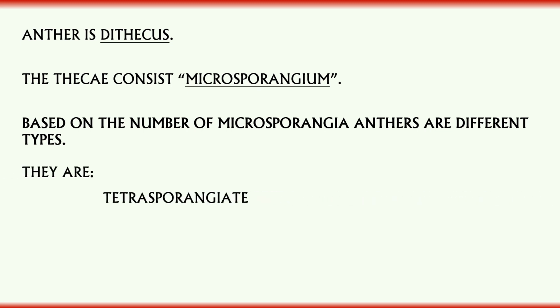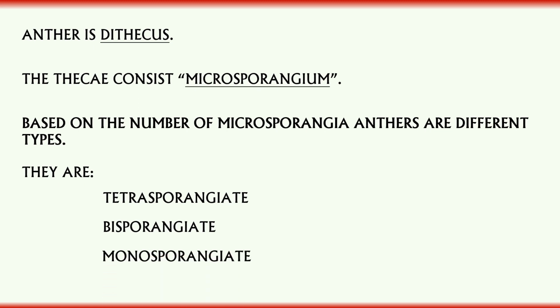They are tetrasporangiate. Four microsporangia are present in an anther. Bisporangiate. Two microsporangia are present in an anther. Monosporangiate. Only one microsporangium is present in an anther.